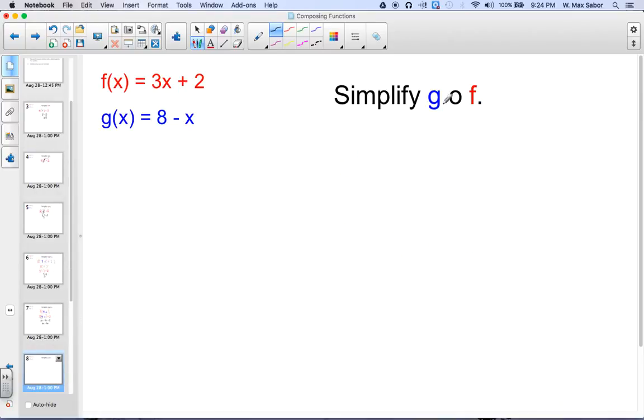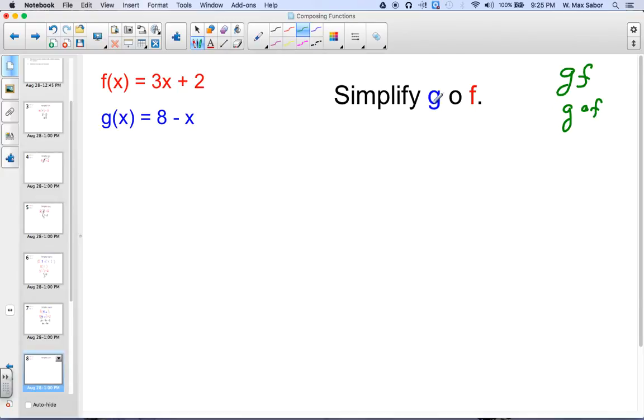Now, a new notation that we haven't used very often is g circle f. That circle isn't actually an O, but a small circle that's supposed to represent composition. Just like gf represents g times f, g circle f. Some people do pronounce this "g of f," but that's not a technical definition.